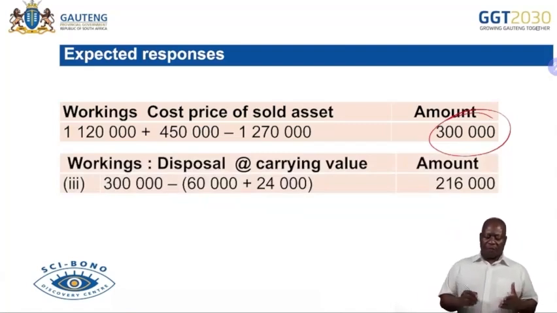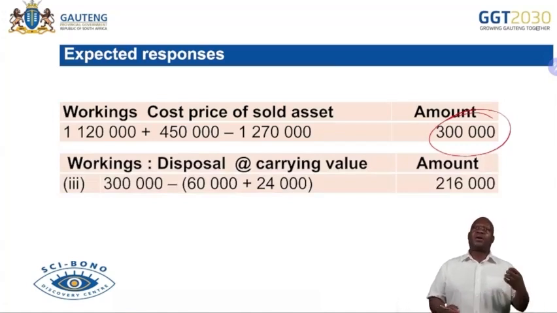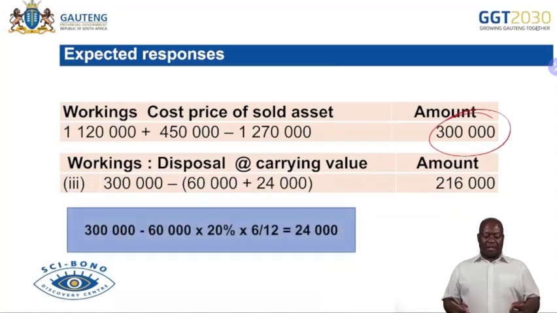Remember now, during the first year, it was depreciated for the whole year because it was bought on 1 March. So from 1 March to February is the whole year. And how many months are those? We are just going to be calculating for 12 months. And when you find that, it's going to give you 60,000.